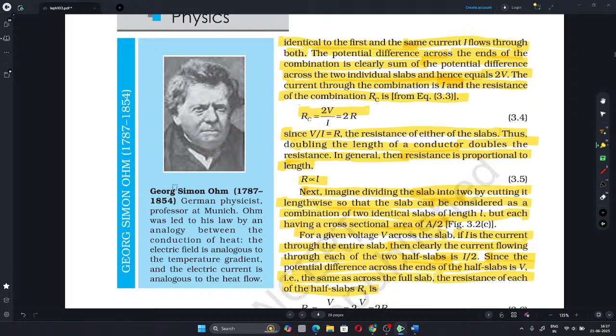Ohm was led to his law by an analogy between the conduction of heat. The electric field is analogous to the temperature gradient, temperature per distance, where we can denote electric field as potential per distance or voltage per distance, and the electric current is analogous to heat flow.